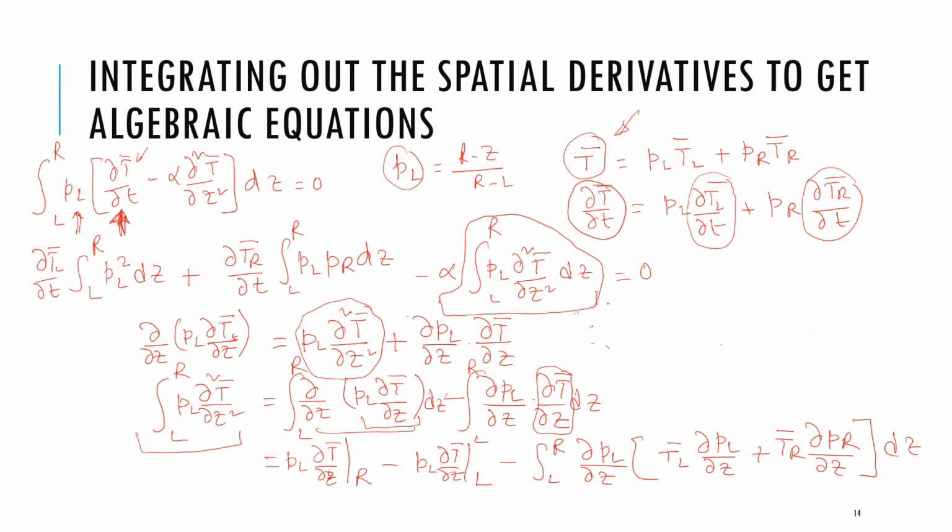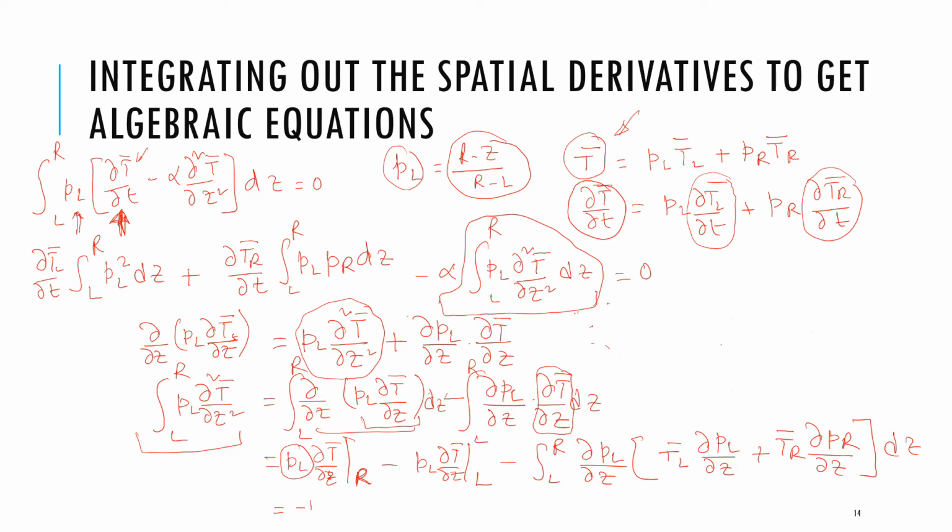And so now you see this, PL at R is 0. If you look at this, PL at R is 0. So this first term goes away.